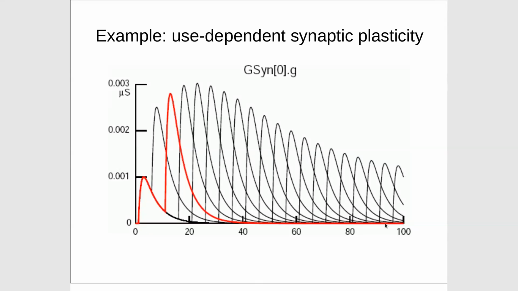And if we moved the time of occurrence of the test pulse closer and closer to the conditioning pulse, we would see this envelope of response amplitudes.